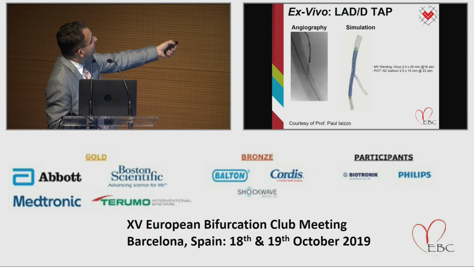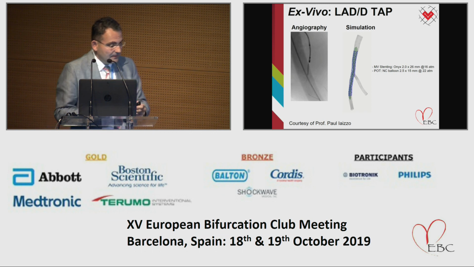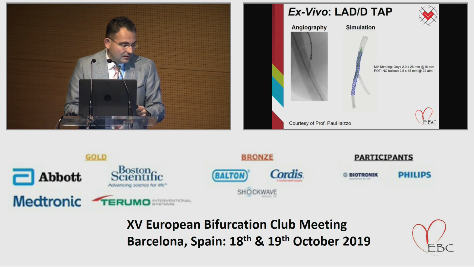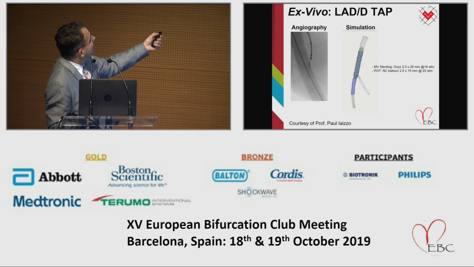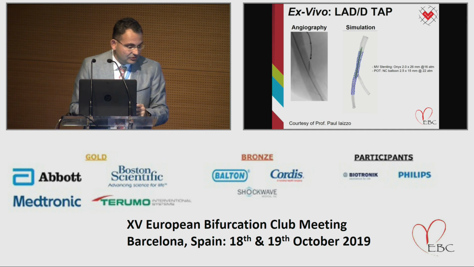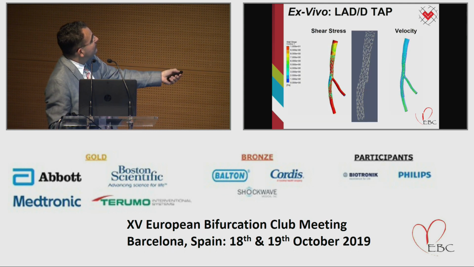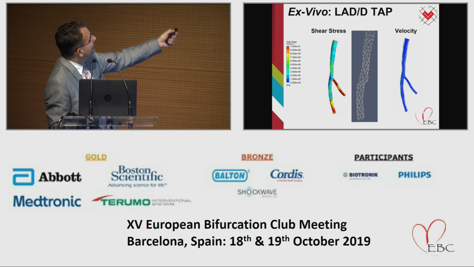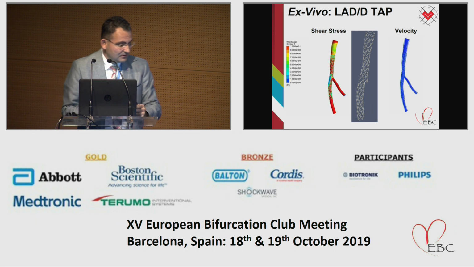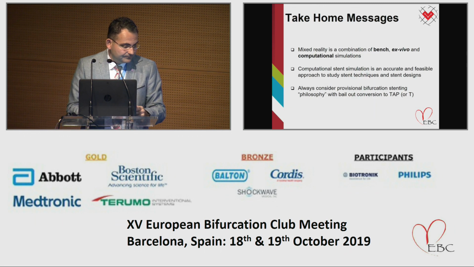We reconstructed reliably the anatomy of this particular bifurcation, and then using realistic stents, we deployed the stents computationally in a realistic fashion. And then we performed POT in the Visible Heart Lab, and we replicated the same POT approach computationally. And you see here the final result in the LAD. That's the POT side here with the flow dynamics with pulsatile flow.